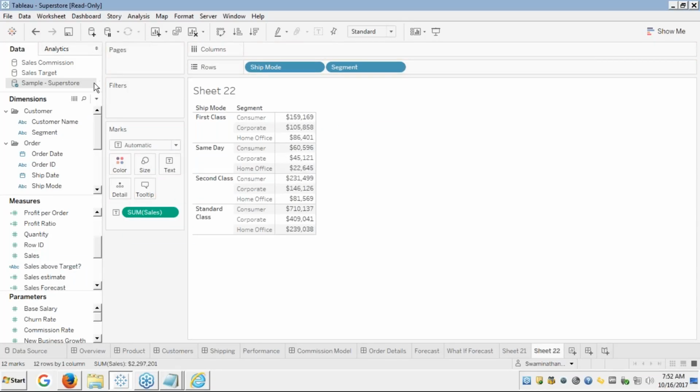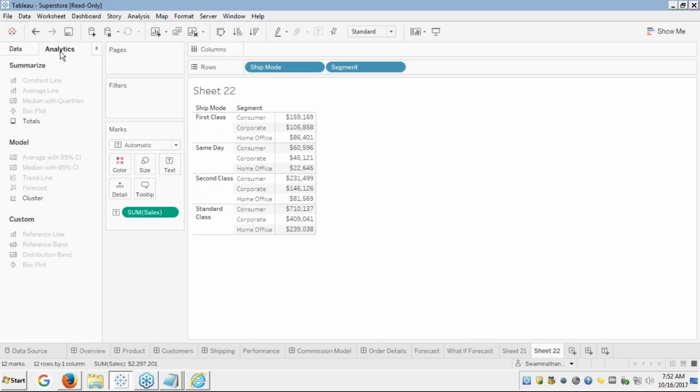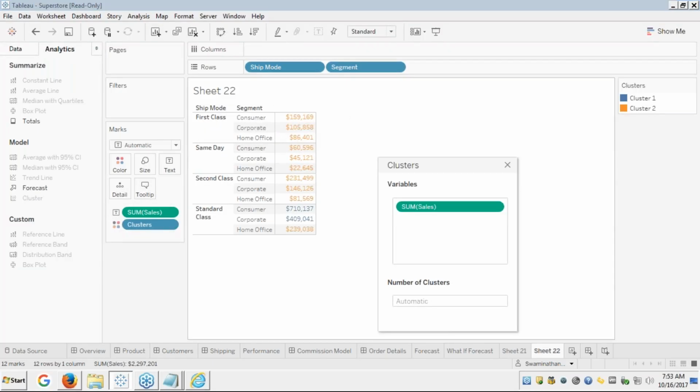Let me see now if we are able to create clusters among this data. Yes. So for this number, a cluster can be created. So earlier, the reason it was not coming is because it was based on dates, and it was very difficult for Tableau to analyze those dates and to give us some numbers there.